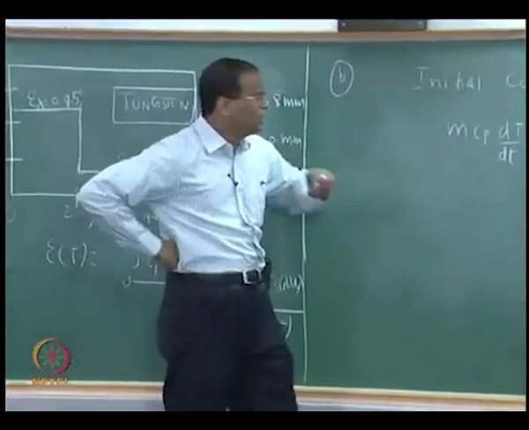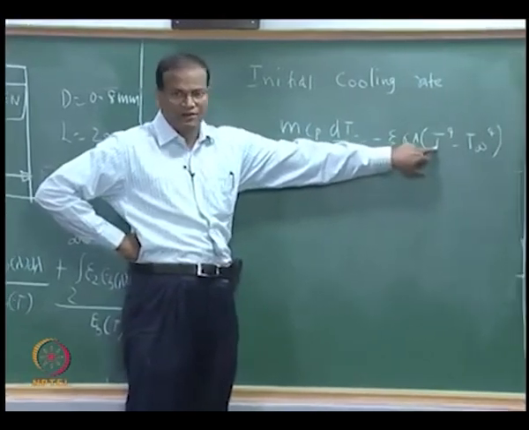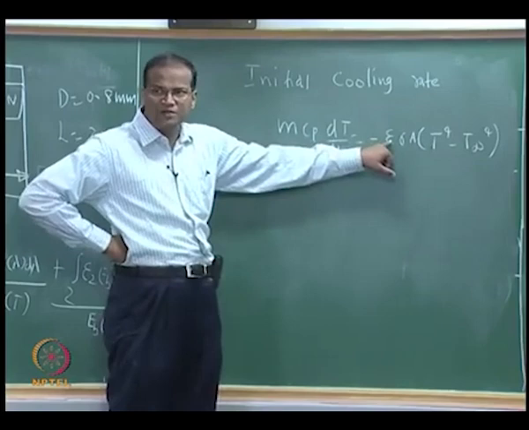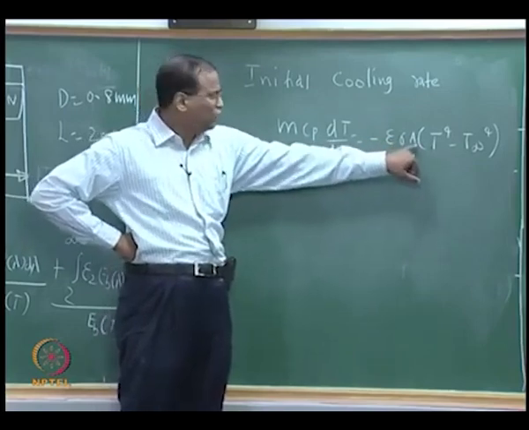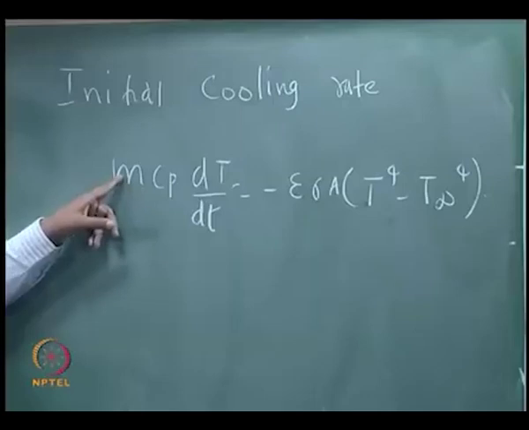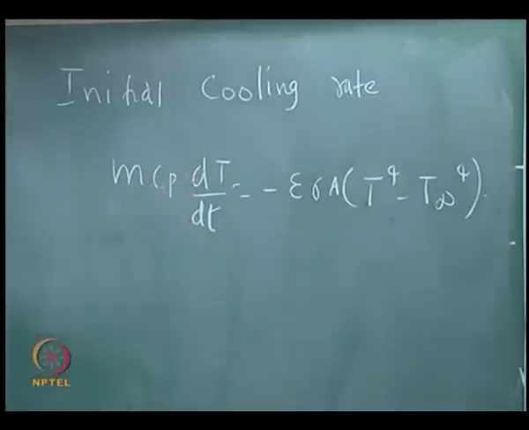When it starts cooling, the temperature is 3273 Kelvin, 3000 Kelvin. Surroundings are at 300 Kelvin. We have just calculated the emissivity. We know the Stefan Boltzmann constant. You know the surface area. I have given you the density and you know the volume. Calculate the M, you have the specific heat. So we will get the initial cooling rate when the current is switched off.